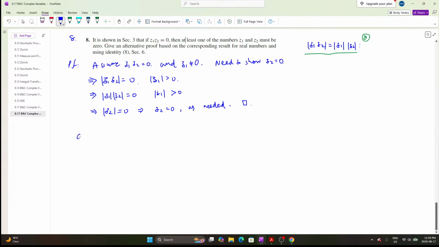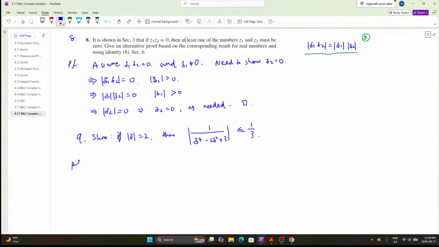So question 9. It says show if |z| is 2, then we have an upper bound for this expression, that is the modulus of the fraction 1 over z to the 4th minus 2z squared plus 3, and this is less than or equal to 1 over 3.